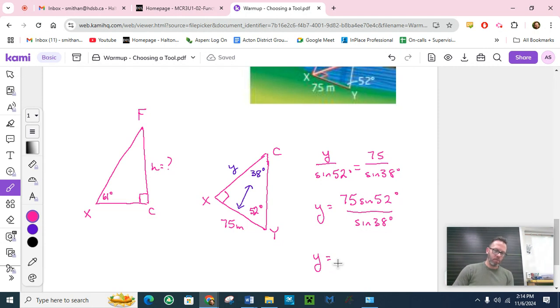Sine 52 divided by sine 38. Well, I got pretty much 96 meters. Did you guys get that too? All right, 96 meters. So whether you use SOHCAHTOA or not.